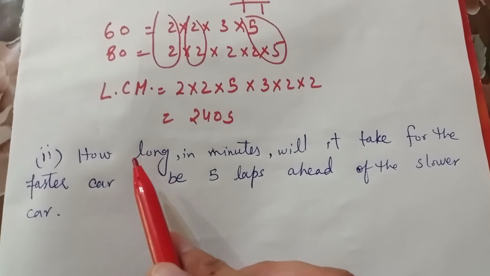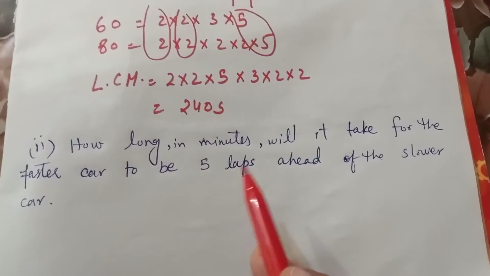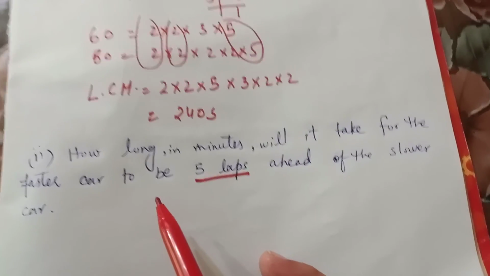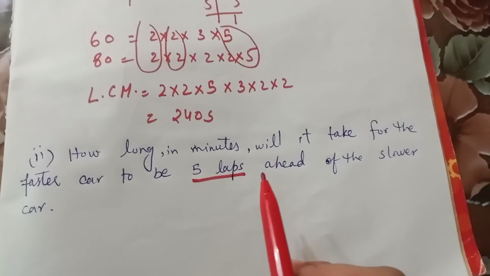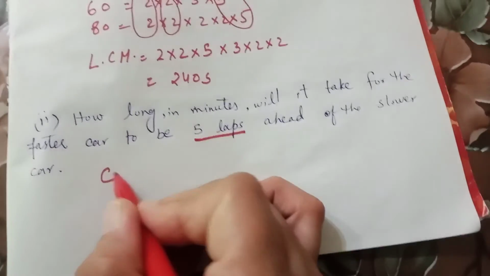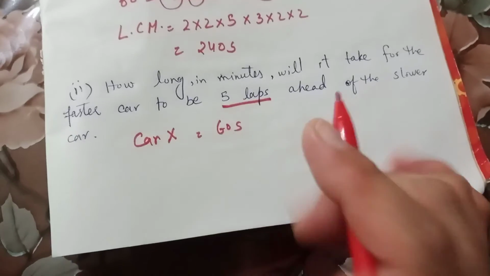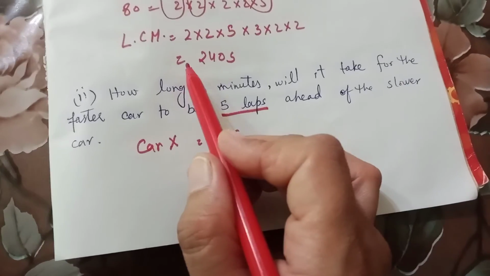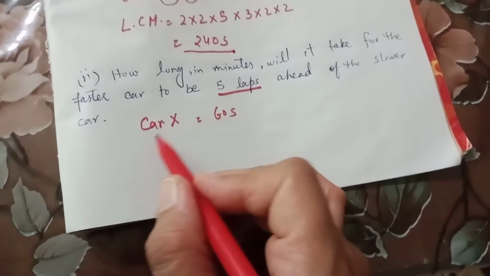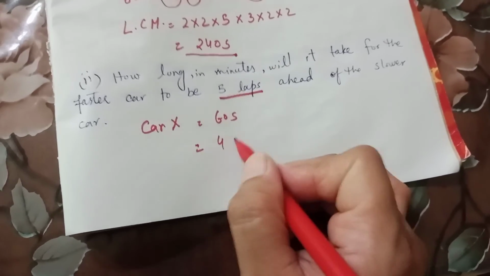Part 2. How long in minutes will it take for the faster car to be 5 laps ahead of the slower car? Dear student, the car which takes less time is the faster car, and that car is car X, which takes 60 seconds. Now the time at which both cars meet at the starting point is 240 seconds. It means 240 seconds is 4 minutes.